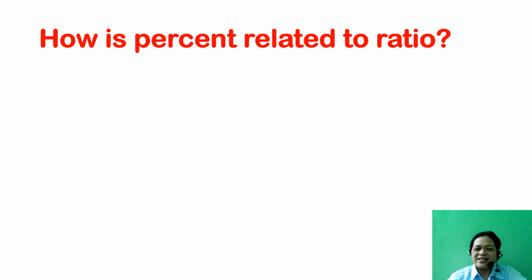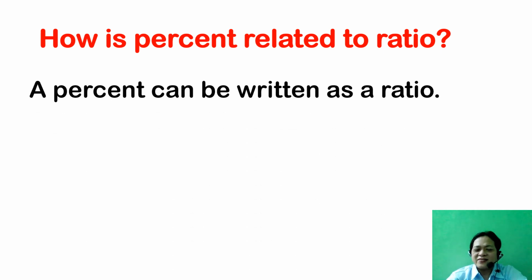That's it. It can be written as a ratio. The relationship of ratio and percent is that percent can be expressed as a ratio using the given percent number as the first quantity and 100 as the second quantity.